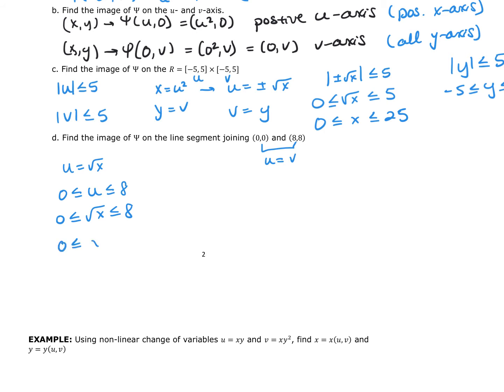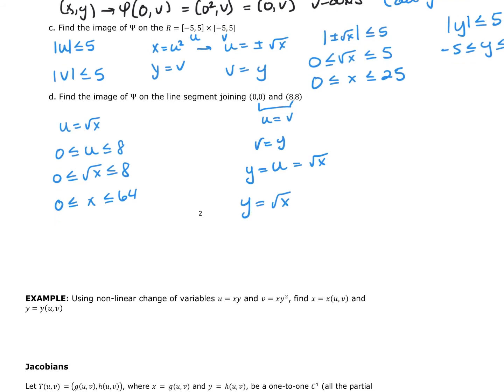That means x is going to run between 0 and 64. Now, if u is equal to v, but v is equal to y, that means y is equal to u, which is equal to the square root of x. So y is equal to the square root of x.